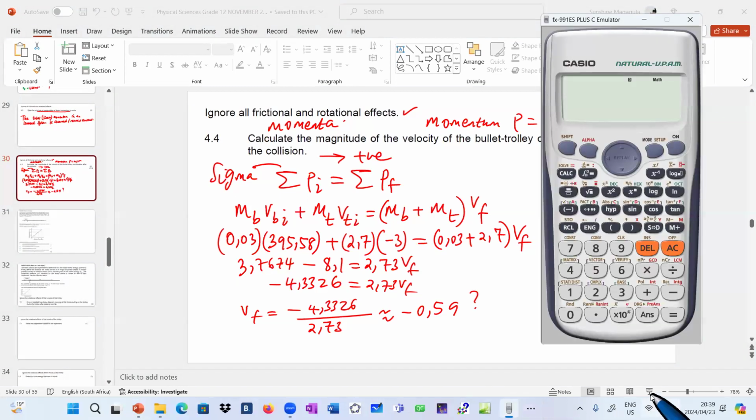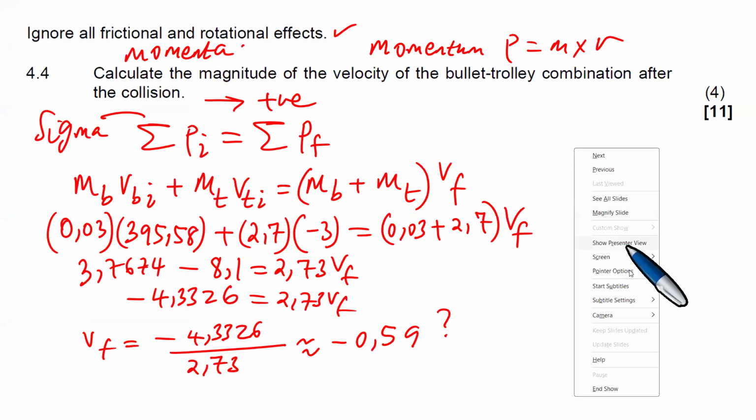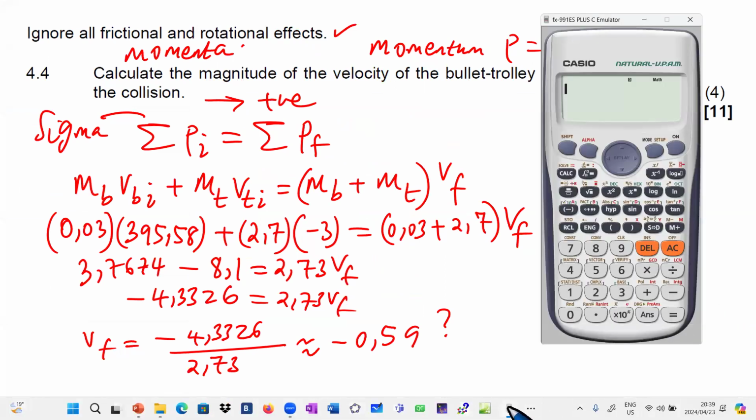I'm going to use my calculator to check the answers, because something is just amiss with these numbers and we must get correct answers. So we're going to start here and say 0.03 times 395.58. Let's check the answer.